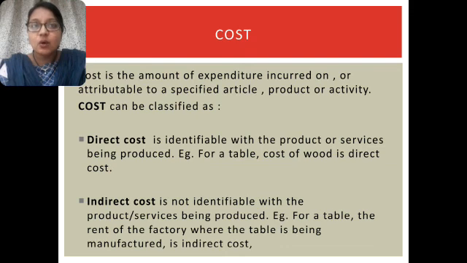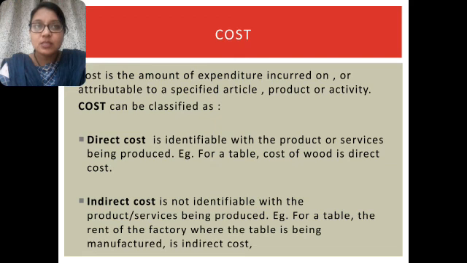Whereas indirect cost is not identifiable with the product or services being produced. For example, when you are producing a table, the rent of the factory where the table has been manufactured will come under indirect cost, that will not come under direct cost.